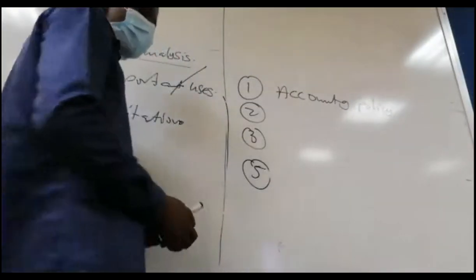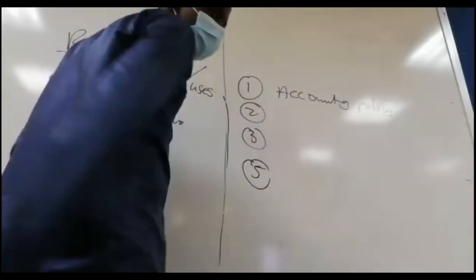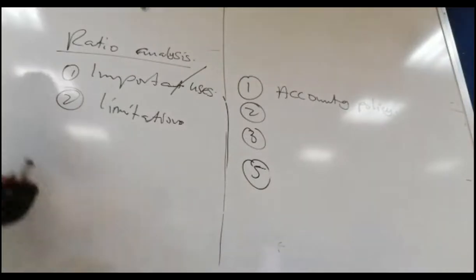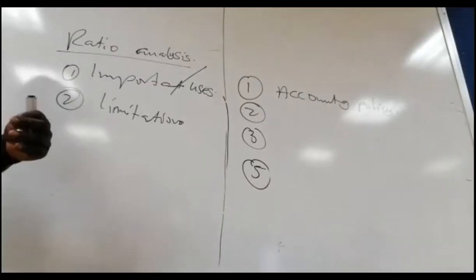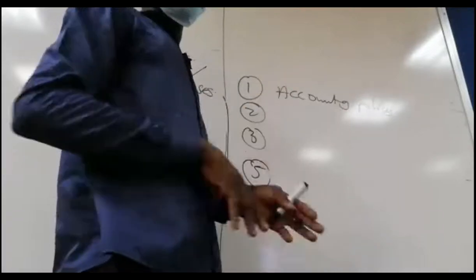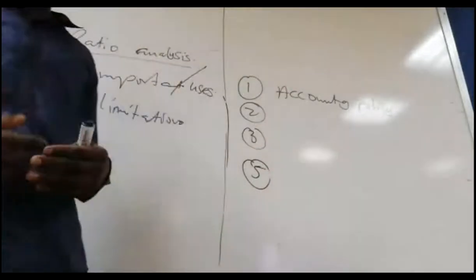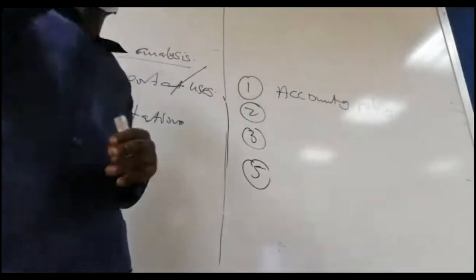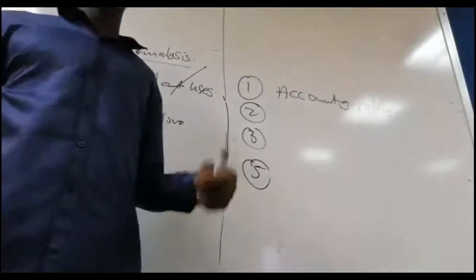Number one, the accounting policy that you selected for yourself can cause an issue in your interpretation or in your report. If it is the same company that you are comparing performance over time, like the trend as we saw, if in one of the years you change your policy, and another year you change it again, it will not reflect the true performance. You have to use the same policy over the period so that you can know the performance.